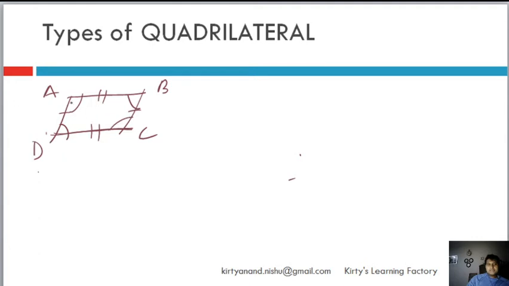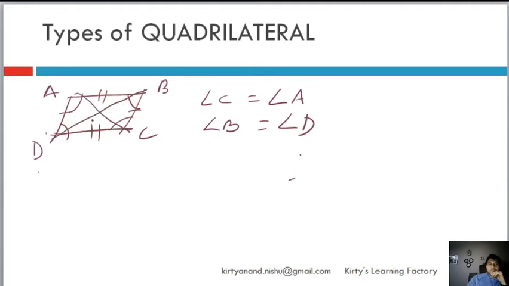So angle C will be equal to angle A, and angle B will be equal to angle D. But all the four angles will not be equal to each other. Okay. And there will be two diagonals. Once again, both the diagonals will be of equal length, and the diagonals will bisect each other, but not at an angle of 90 degrees. So that is the definition of a parallelogram.